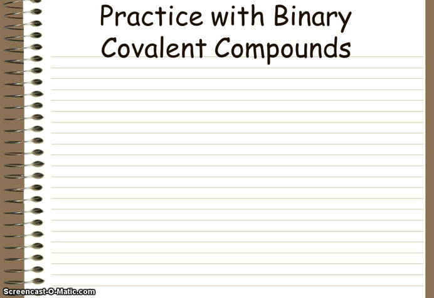Let's practice with some binary covalent compounds. Let's say that we've got the compound PCl3 and we want to write the name of that compound. The first thing we should recognize is that phosphorus and chlorine are both on the right side of the periodic table. That means that they're binary covalent compounds, and we're going to use prefixes in their names.